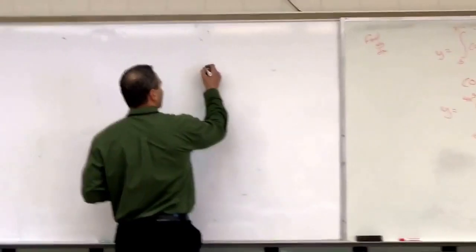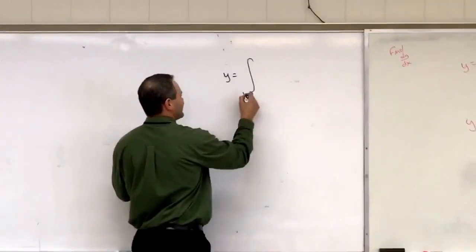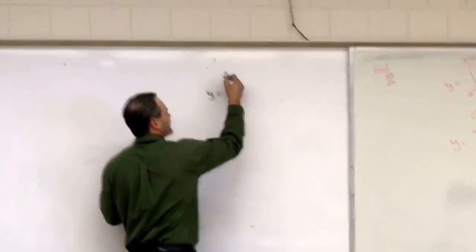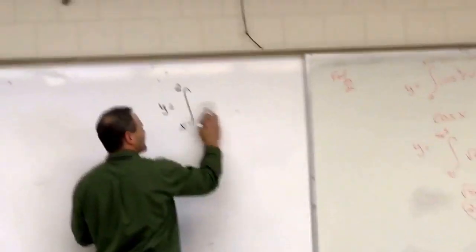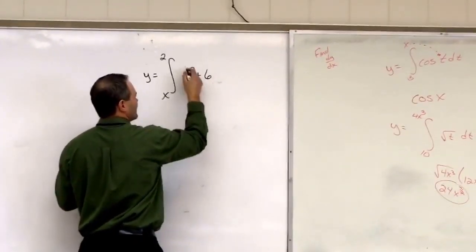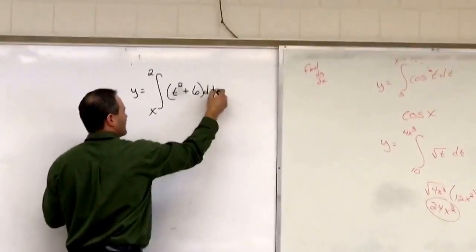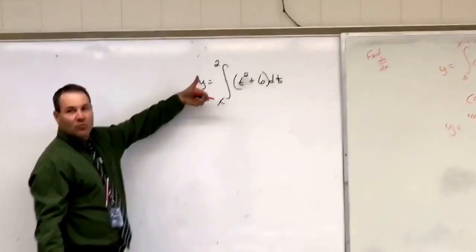So if the x is on the bottom, you would just flip it and make it negative. Oh no, oops, they just told us how to do this one. Alright, so x is on the bottom, we can flip it.